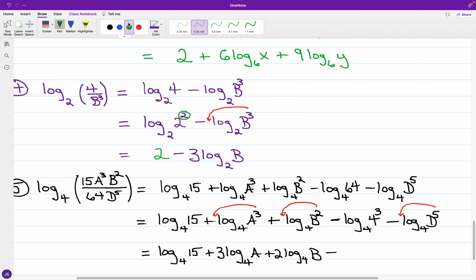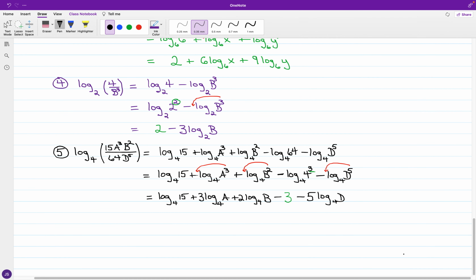And again, just for the base 4 logarithm of 4 to the third, we have subtraction of 3, and then finally we have minus 5 times the base 4 logarithm of d. Okay, so this is what we have in the set.